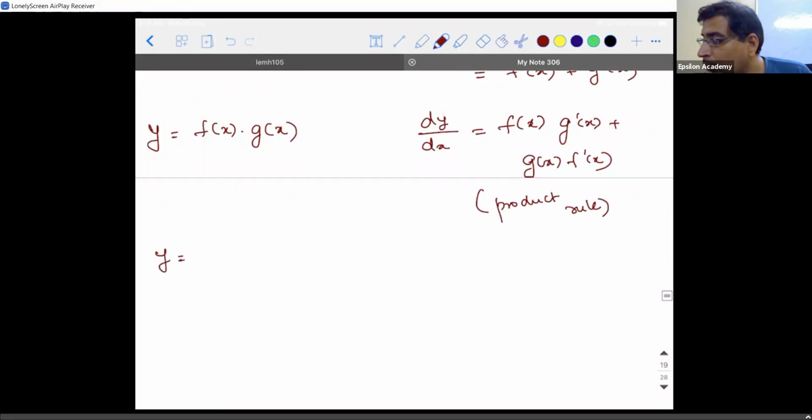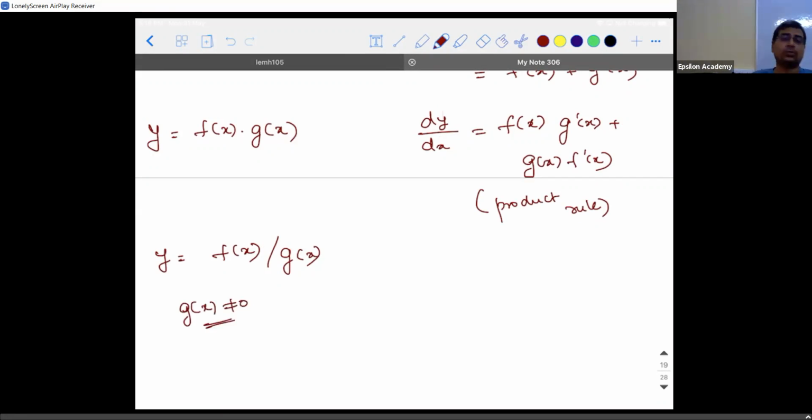Similarly, y is equal to f of x divided by g of x, where g of x is not equal to 0 for any value of x. Then, what is the value of dy by dx?